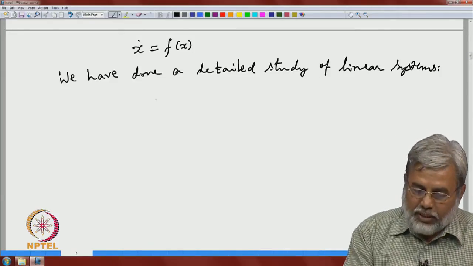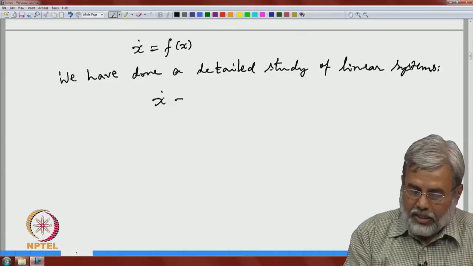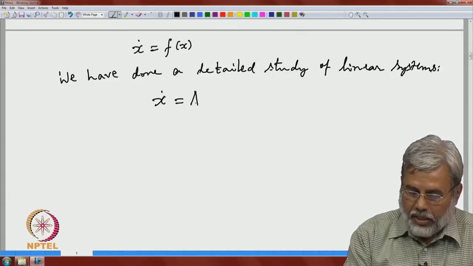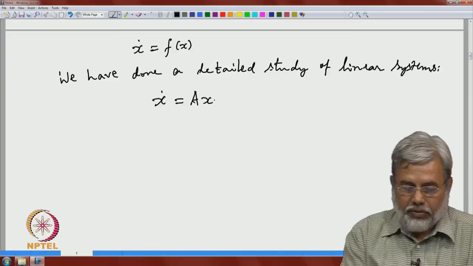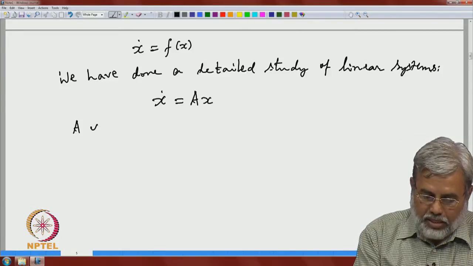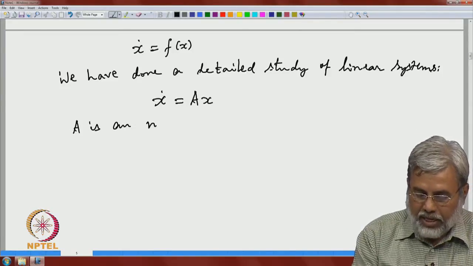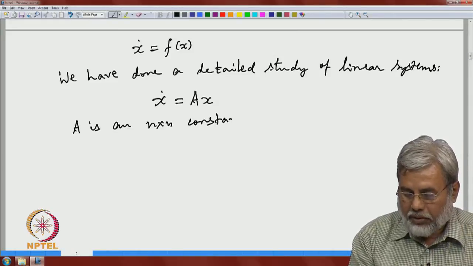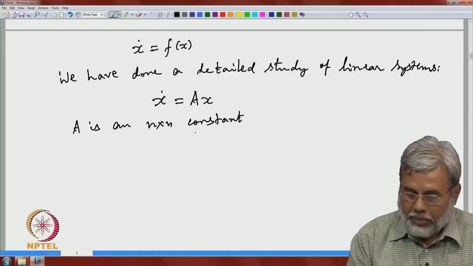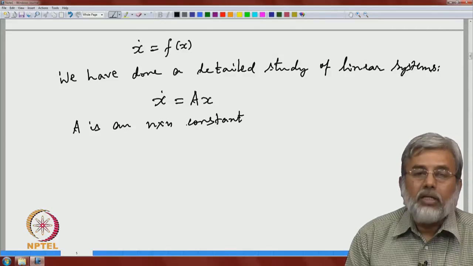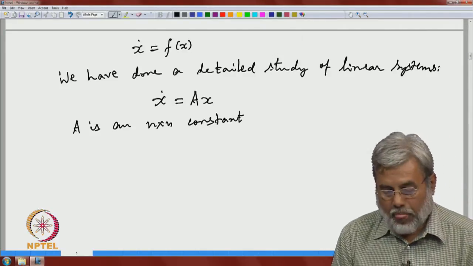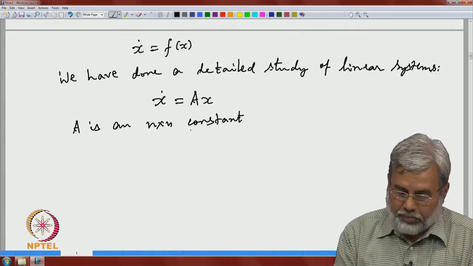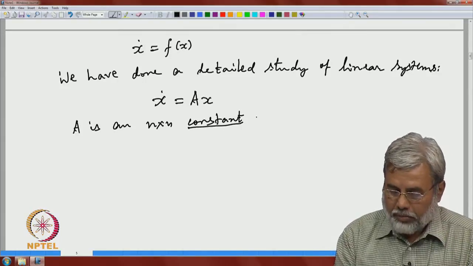So, f of x is a special thing here: A x. So, A is an n by n constant matrix. Okay. So, its entries do not depend on t, because we want an autonomous system, constant matrix.